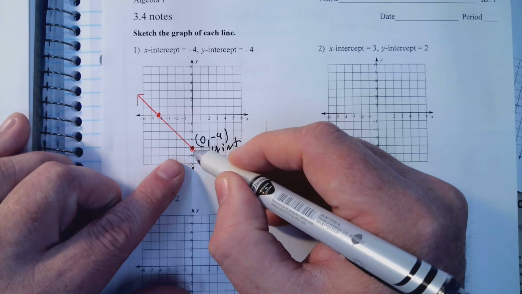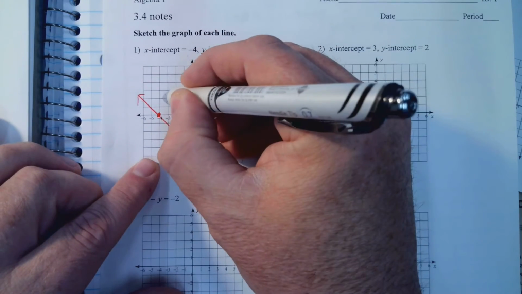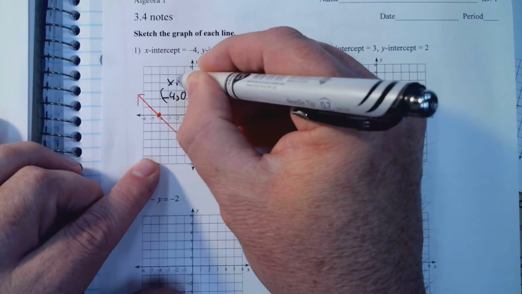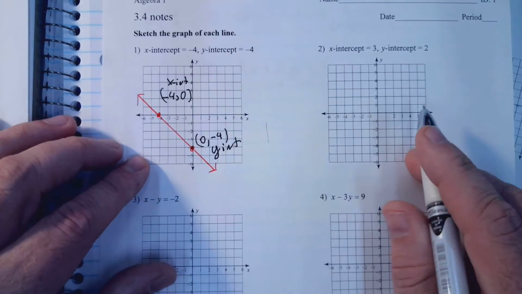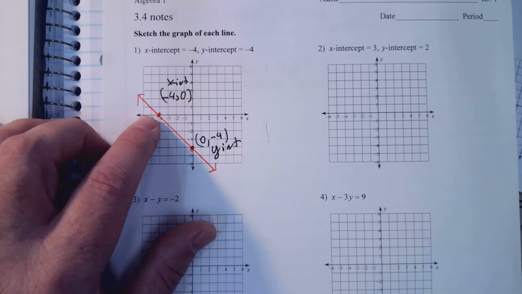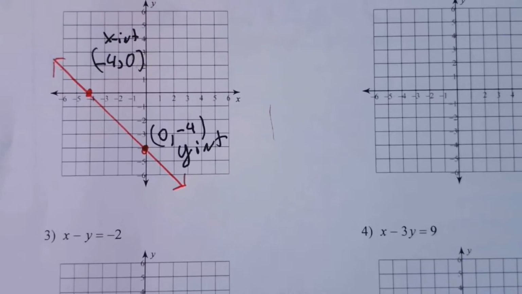This would be the x-intercept, because it intercepts or crosses the x-axis. Okay, probably be better if I zoom in on these graphs.